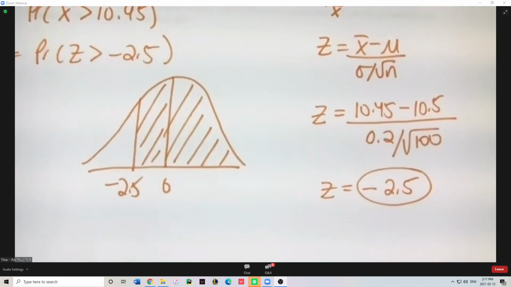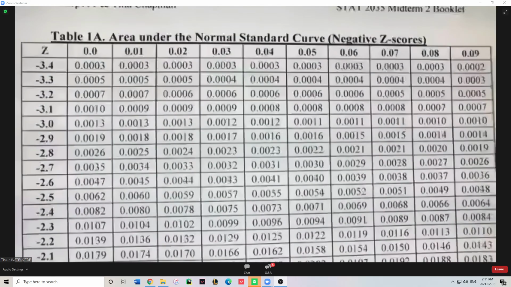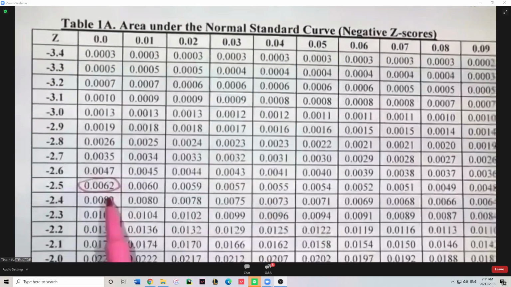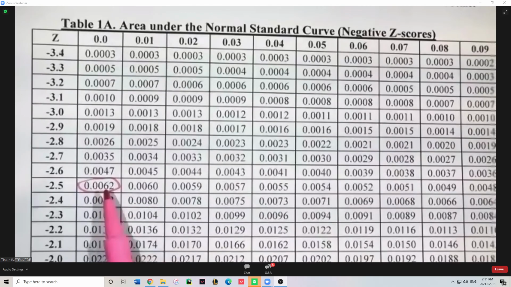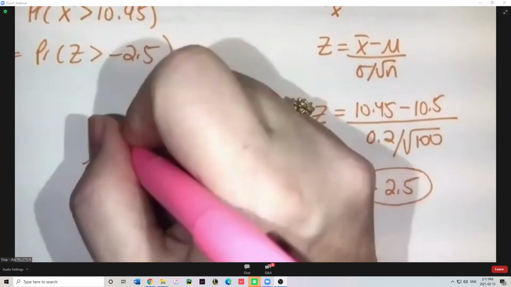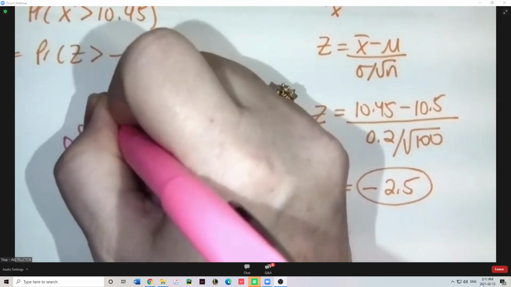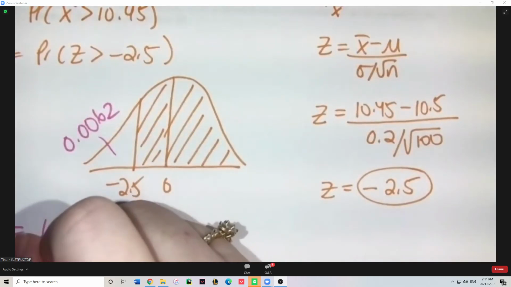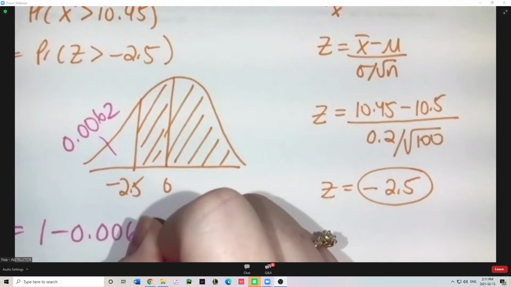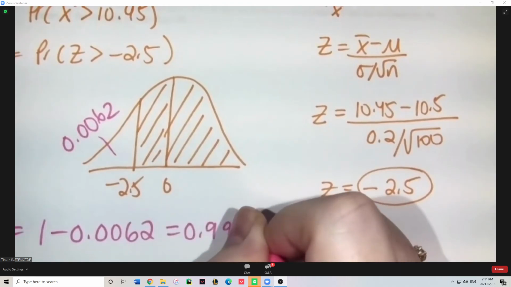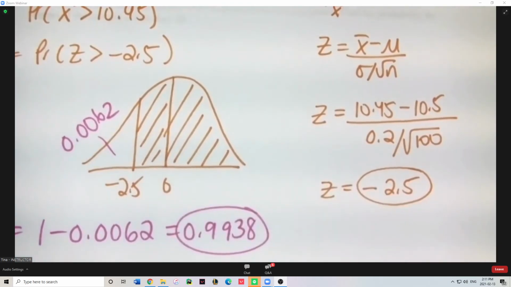Look up the area below negative 2.5, and then you can subtract from 1 to find the area that you want. So the area below negative 2.5 is 0.0062. So that's in here. So the area we want is 1 minus that, or 0.9938.